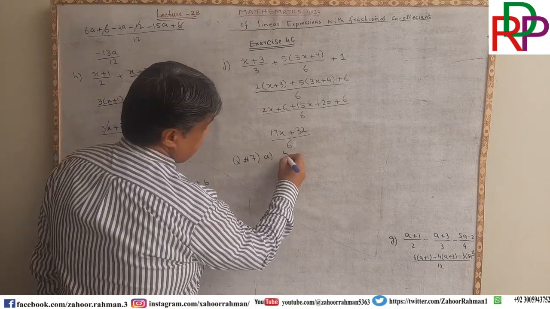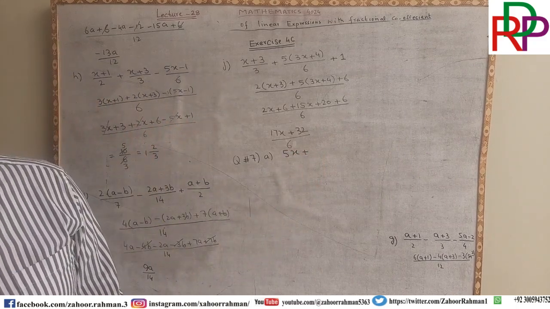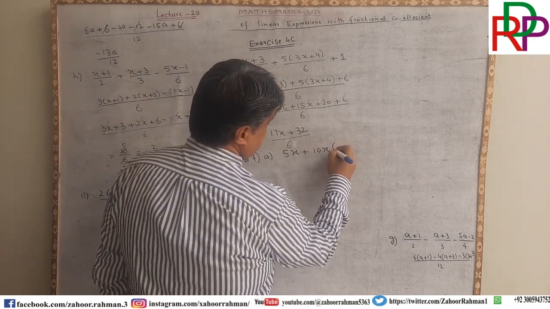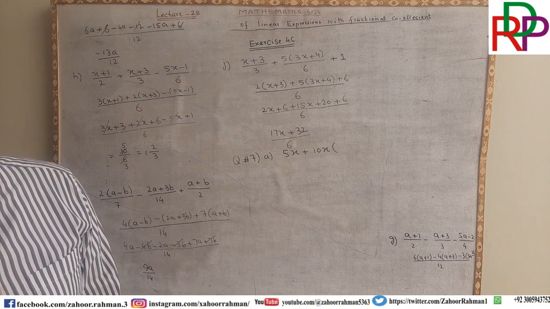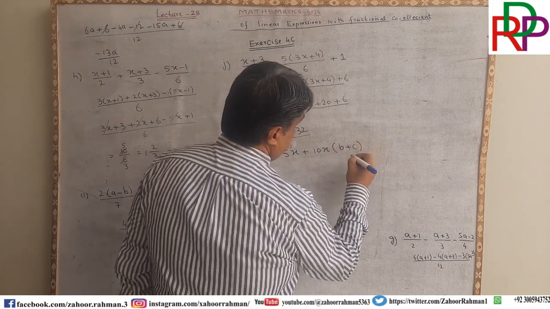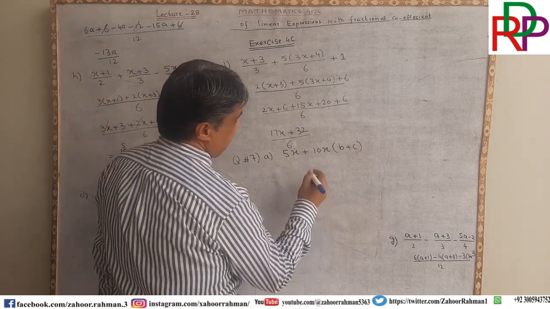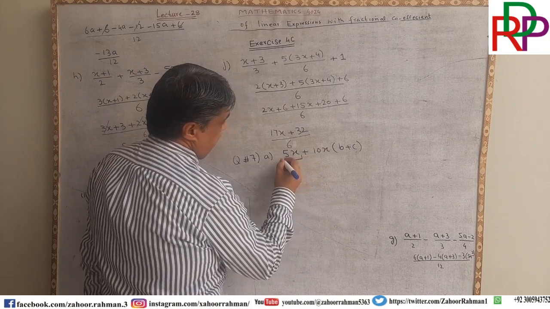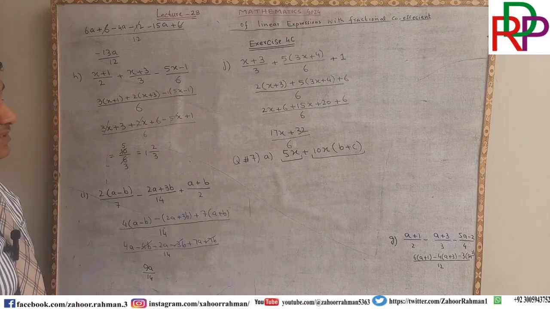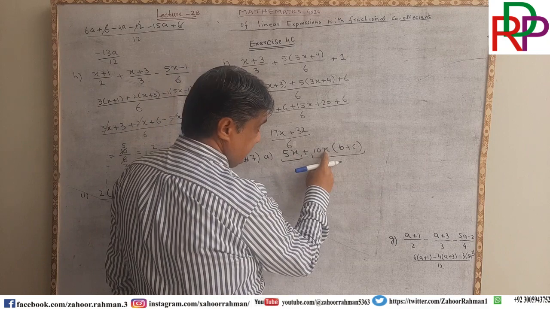5x, and then here 10x, and b plus c. Now ladies and gentlemen, this is an advanced question because in this and in this we have to search for the common factor. So 5x is here and 5x is also here.